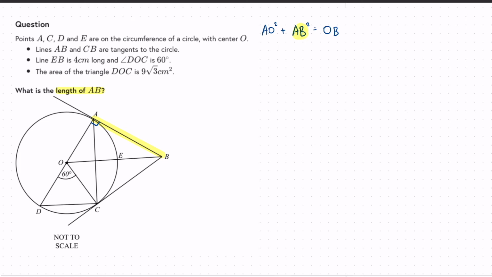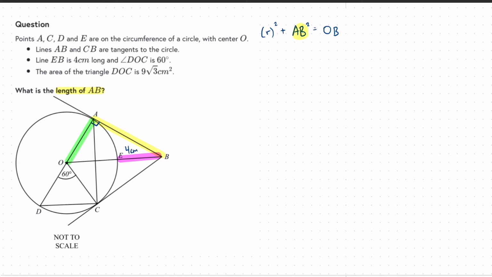So is there anything else that I can use here? Well, I can use the fact that this is the radius. So let's just be clear about that from the beginning. I'm going to replace this with the radius. And what else do I know? Well, I know that the line EB, this little part in here, is 4 centimeters.